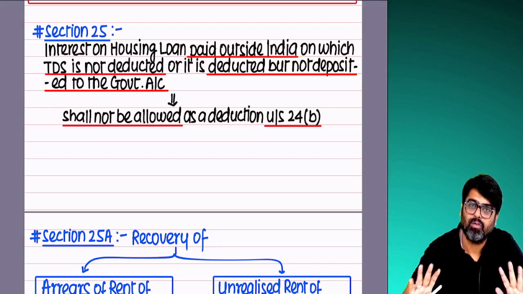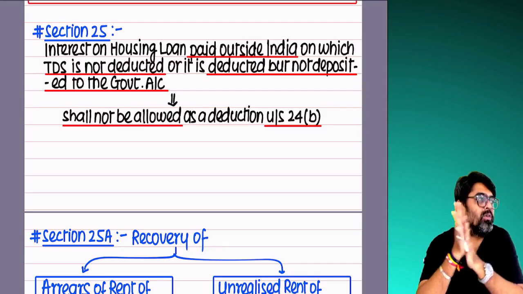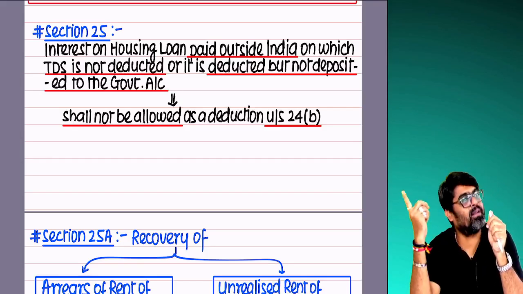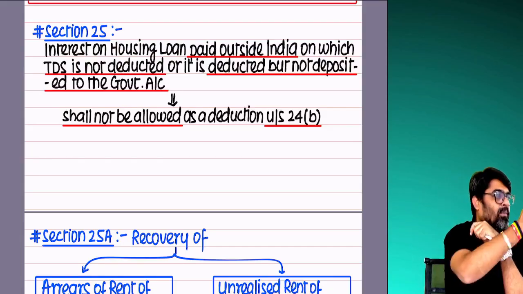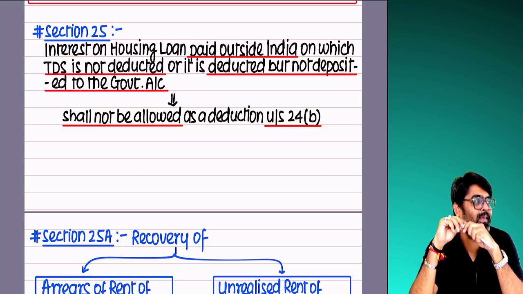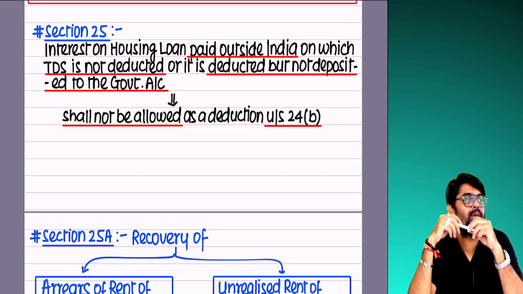Okay. So now you had a responsibility of deducting TDS, then sending the net amount over there, and depositing the TDS to the government. But you committed a TDS default. You did not deduct TDS.